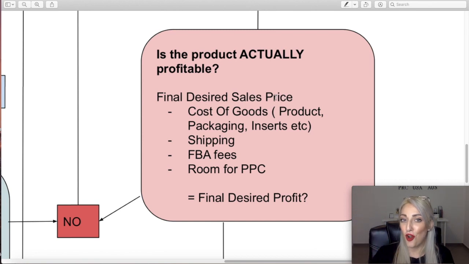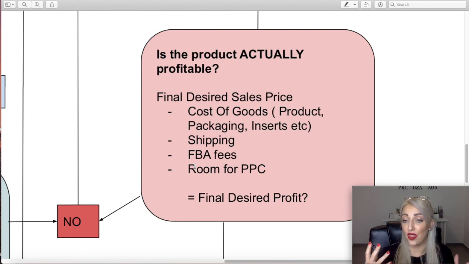So the way to know your final product profitability is to take your final price, so let's say $29.95, minus your cost of goods, so that's the product, the packaging, the insert, shipping cost, FBA fees, and also leave room for PPC. And then you're going to get your final desired profit.